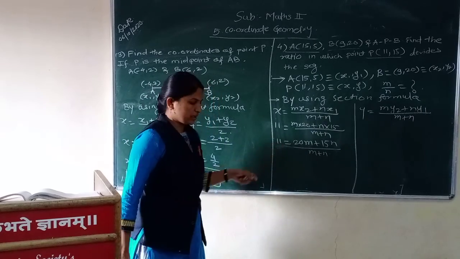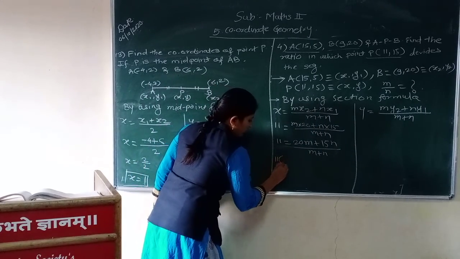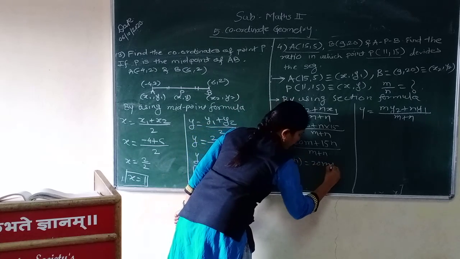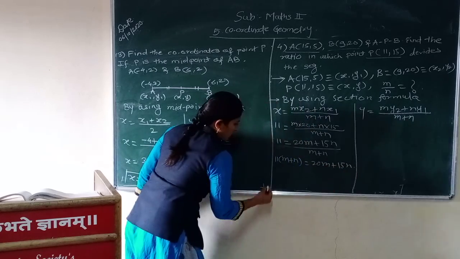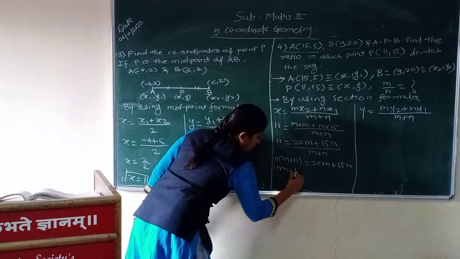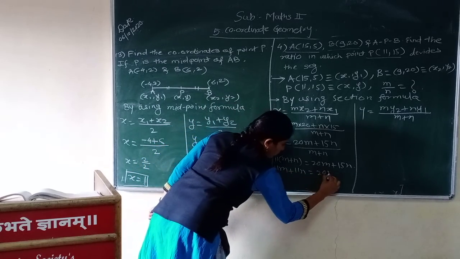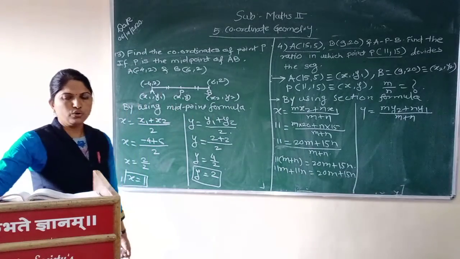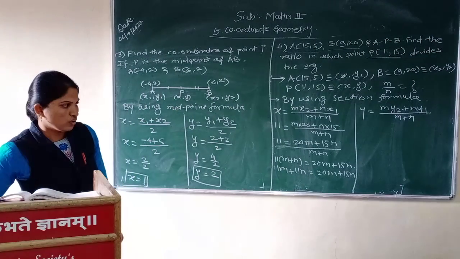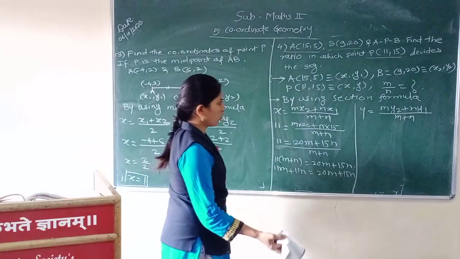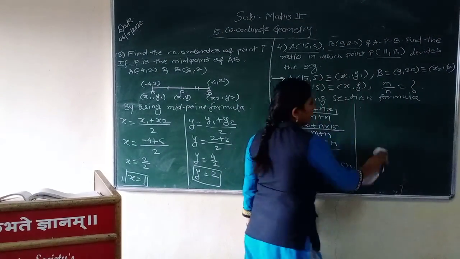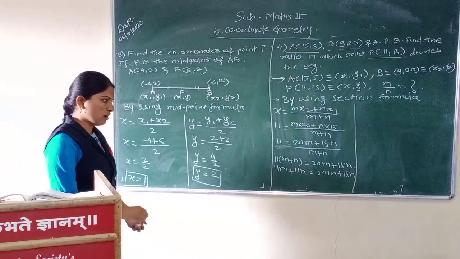Do cross multiplication. 11 into (m + n) equals 9m + 15n. 11m + 11n = 9m + 15n. Here there is no need to solve by two coordinates or two formulas. You can use any one of x or y.